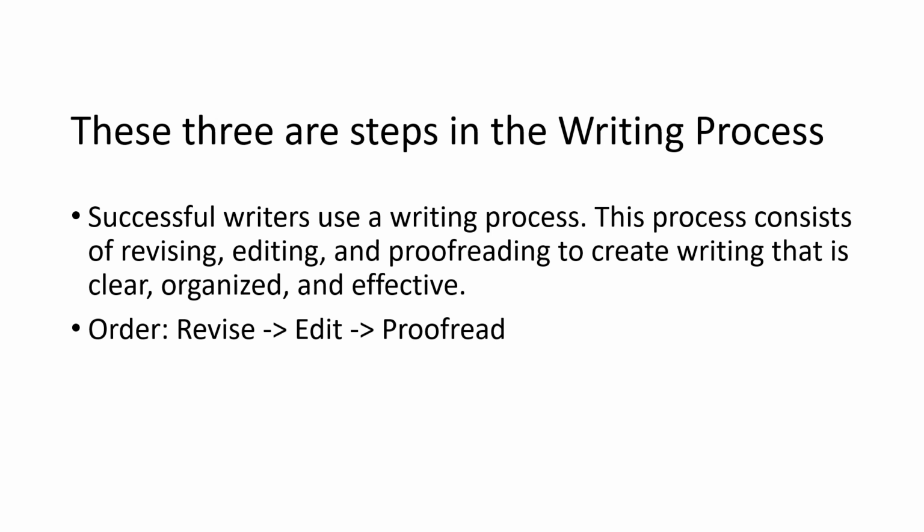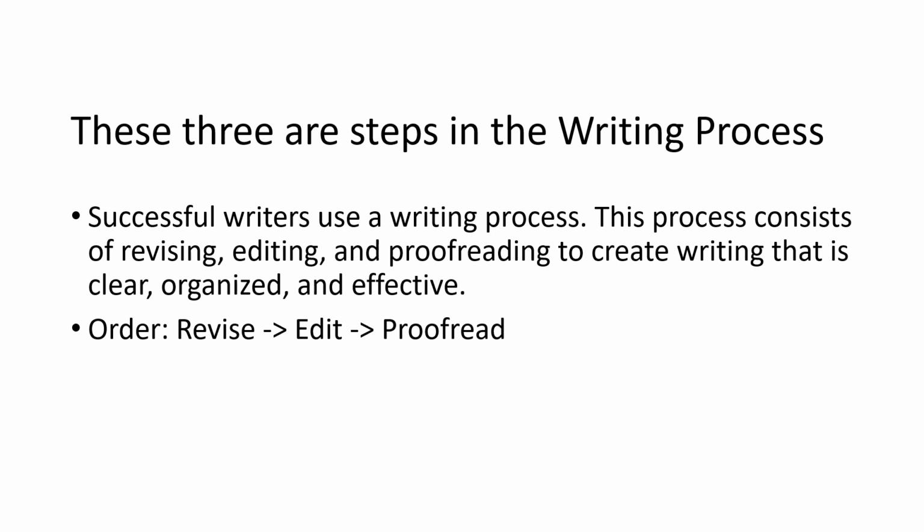Successful writers use a writing process. Okay, so we begin by first, usually we observe, we collect our thoughts, and sometimes we use tools to organize these thoughts, such as an outline. Then after organizing our thoughts, for example, through an outline, we write or compose a draft.